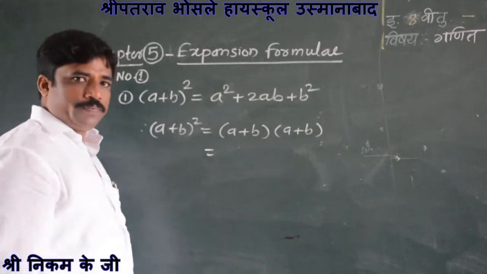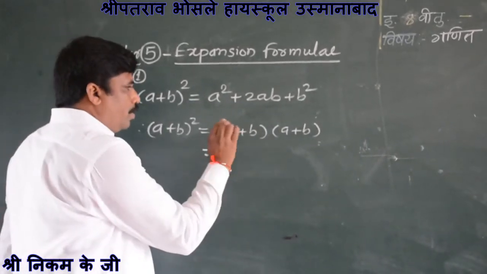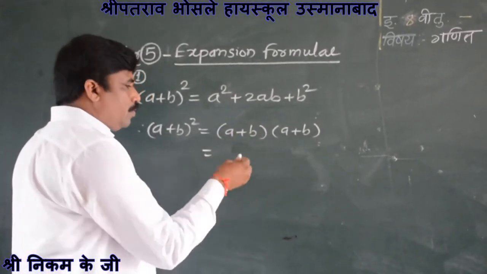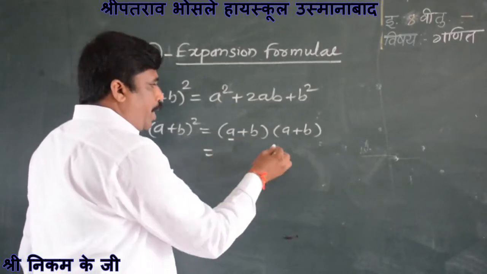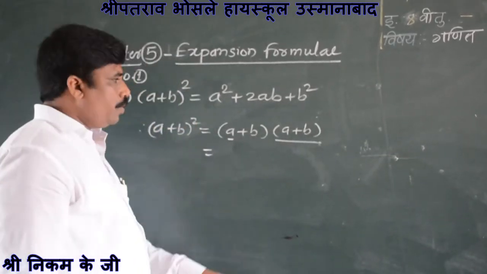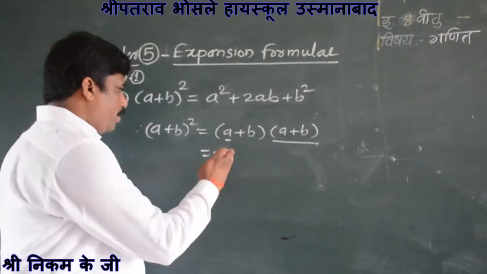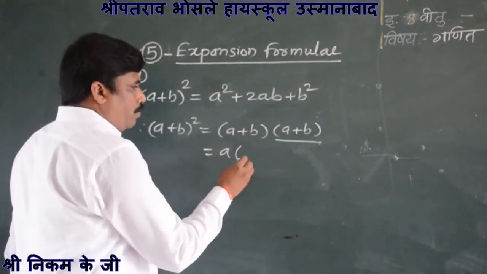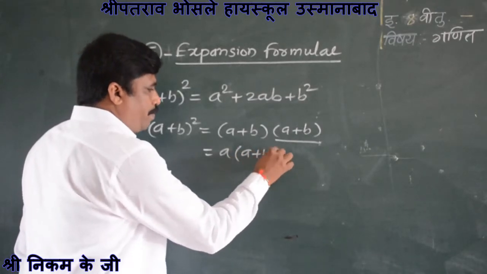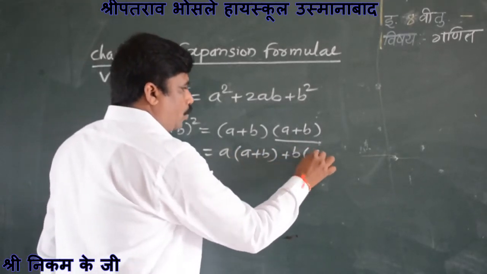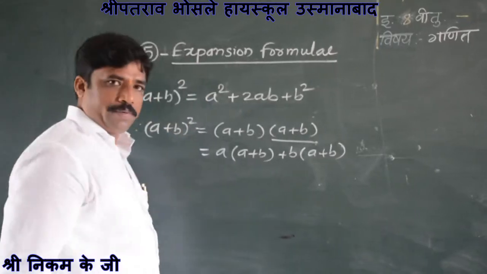Multiplying them: a into the second bracket (a plus b), plus b into (a plus b).